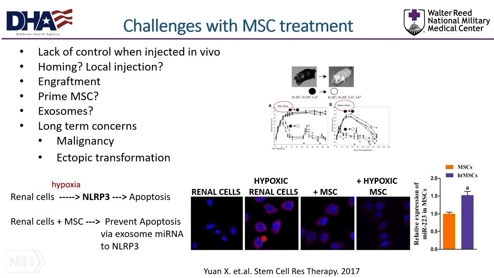When you induce apoptosis with these cells, in the presence of MSC, NLRP activation is reduced. And if you give hypoxic MSC, which induces the exosome release, then you really can inhibit the NLRP activation greatly. And this shows the microRNA cargo in the exosomes released by the mesenchymal cells in the absence or presence of hypoxia.